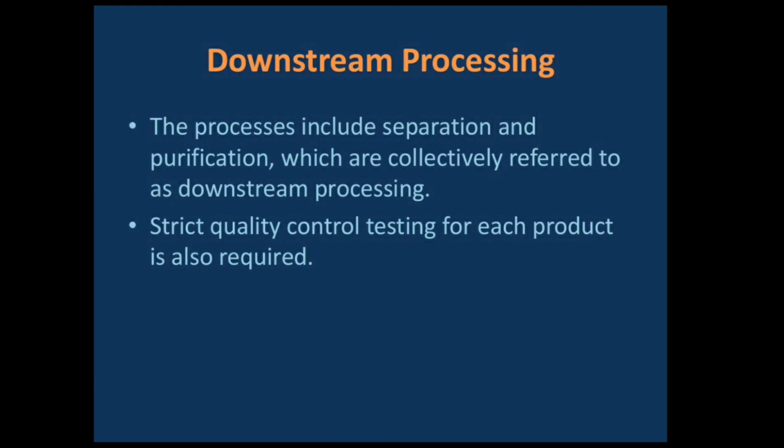Such formulation has to undergo thorough clinical trials, as in the case of drugs. Strict quality control testing for each product is also required. The downstream processing and quality control testing vary from product to product.